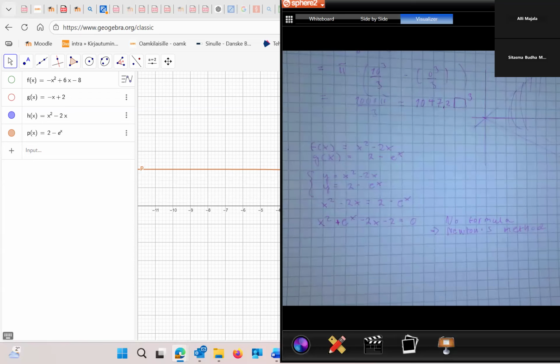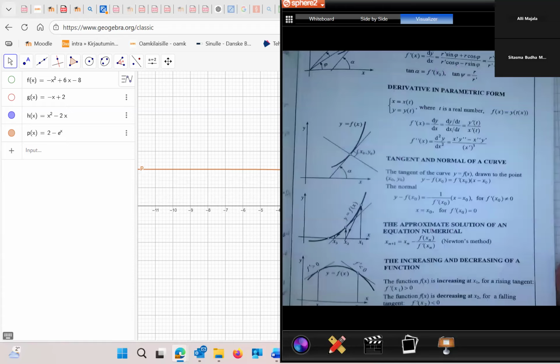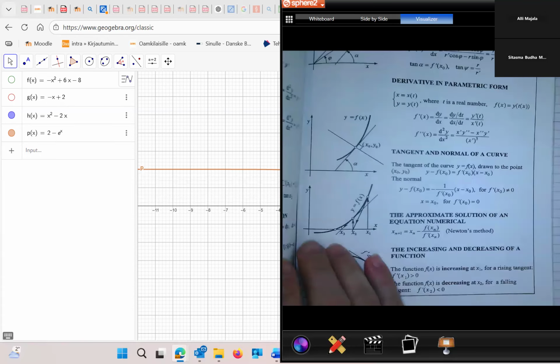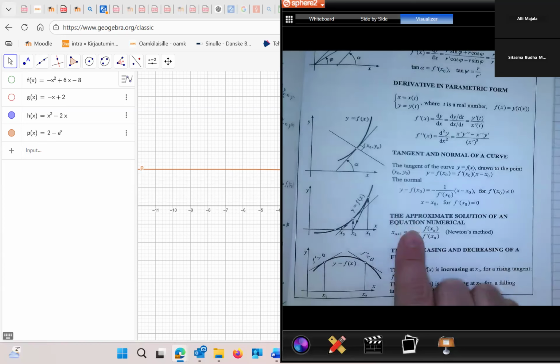Or already in the integral calculus. What was it called? Here.